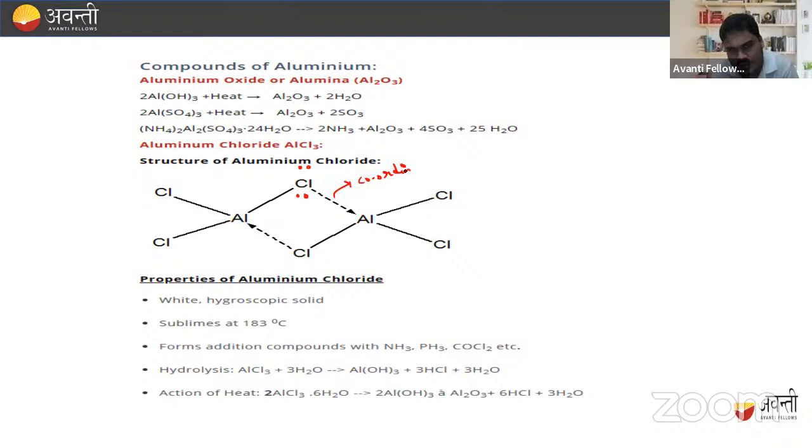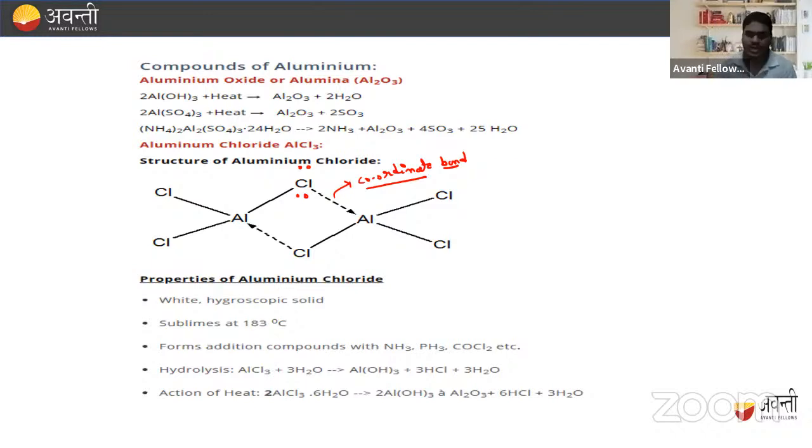In a coordinate bond, both electrons of the bond come from chlorine. A coordinate bond is different from a covalent bond in that in a covalent bond, the two atoms share electrons, but in a coordinate bond, one single atom donates its own electrons. So these are called coordinate bonds.